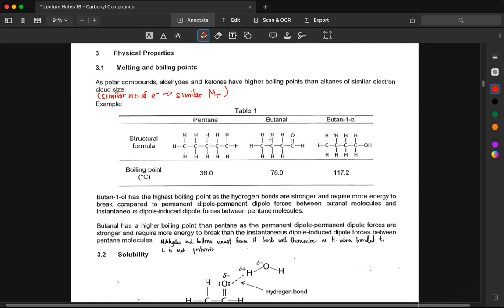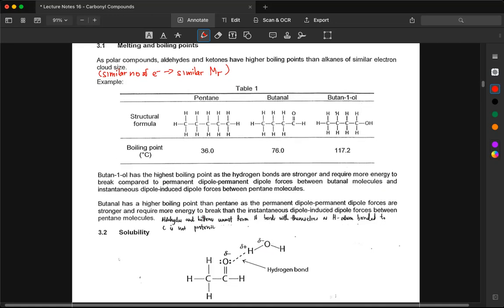So we will compare between these three and observe that butan-1-ol, the alcohol, has the highest boiling point because there are hydrogen bonds between the molecules, stronger and require more energy to break, compared to PD-PD between butanal molecules and ID-ID forces between pentane molecules.